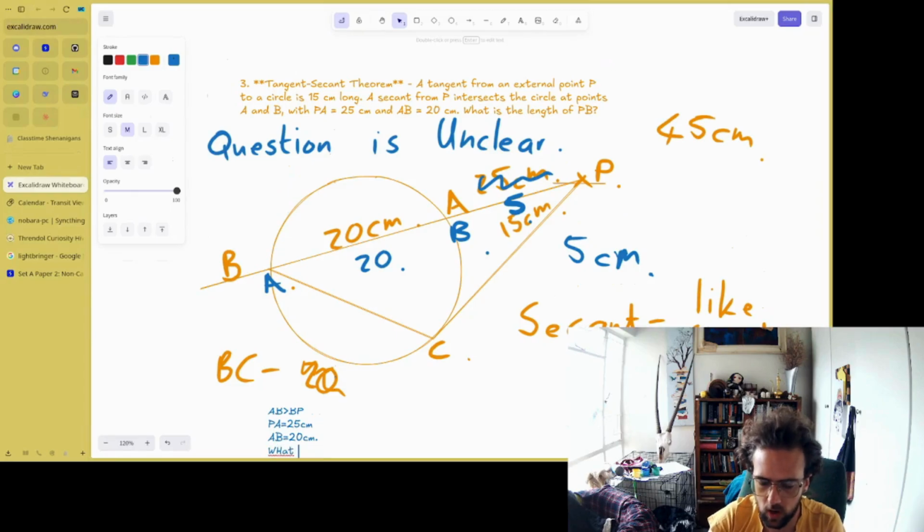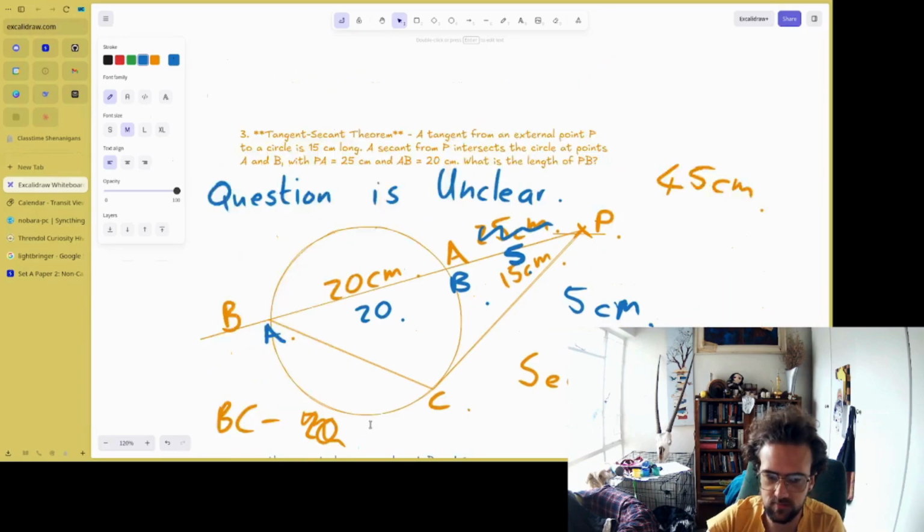What is the length of PB? Do we like that question? Yeah.